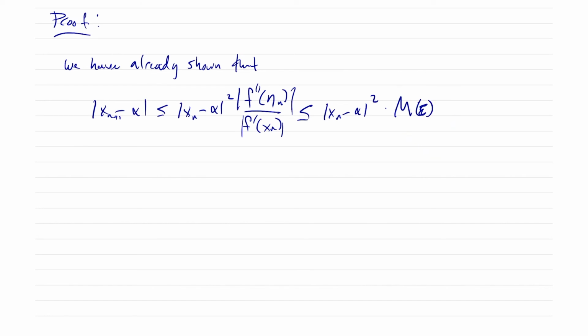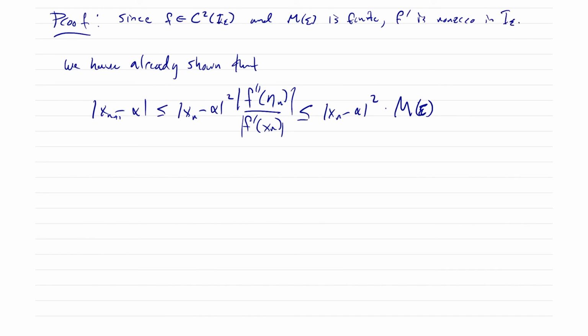And a couple other remarks. I stated all this as we went, but since f is a C2 function over I epsilon, and m epsilon is finite, we have that f prime is non-zero in I epsilon.